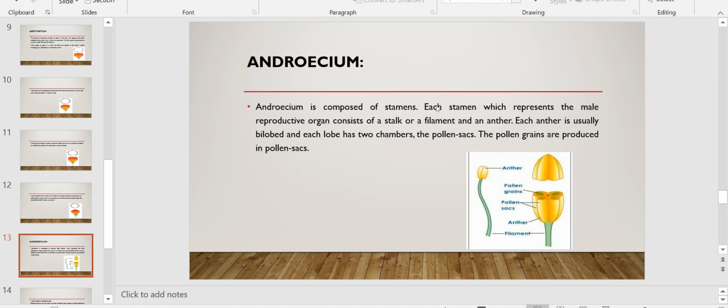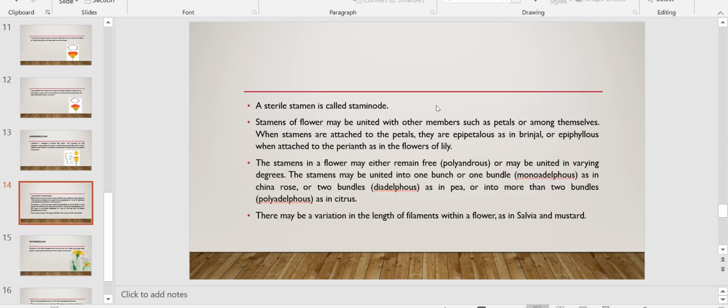Androecium is composed of stamens. Each stamen, which represents the male reproductive organ, consists of a stalk or filament and the anther. Each anther is usually bilobed and each lobe has two chambers, the pollen sacs. The pollen grains are produced in pollen sacs. A sterile stamen is called staminode.